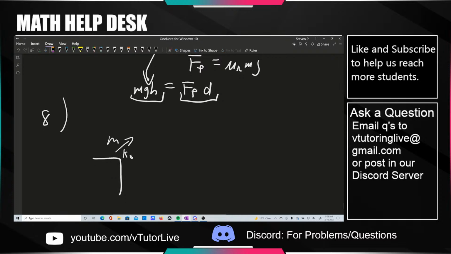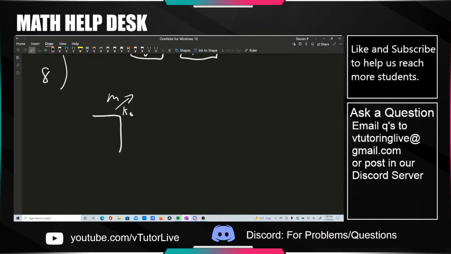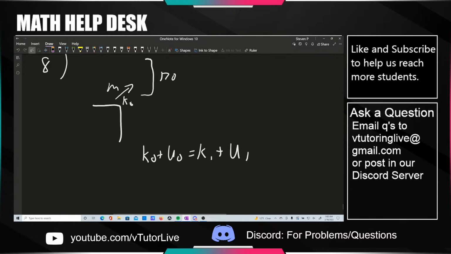So to do this, if it goes an extra 170, you can basically say K0 plus U0 is equal to K1 plus U1. And it sounds like U1 minus U0 is going to be equal to mg times h, or 170.